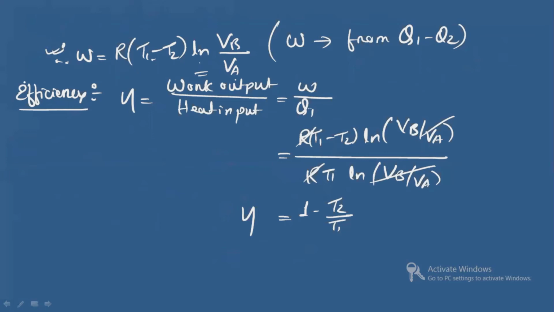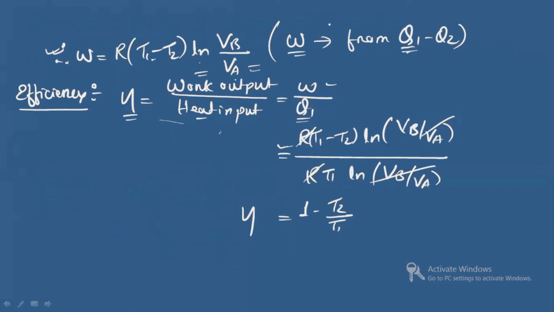Now we will calculate the efficiency. We have already seen the formula for efficiency: work output divided by heat input. So the work output is W, and the heat input is Q1. Now the value of the work output is R (T1 minus T2) ln Vb by Va. And this work done is the conversion of heat change from Q1 to Q1 minus Q2.